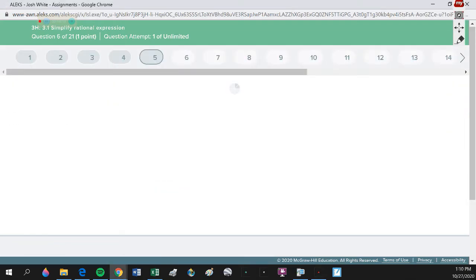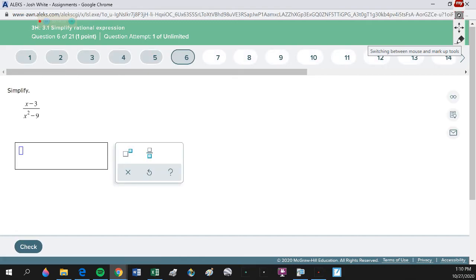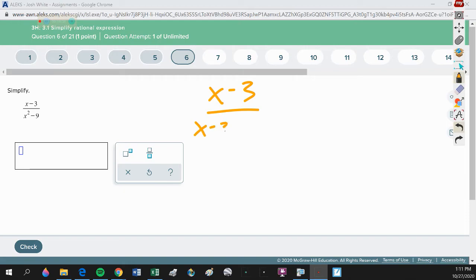Okay, number 6. So what do we do here? Well, let's factor the denominator. So I get x minus 3 over x minus 3 and x plus 3, because this is a difference of perfect squares and it factors into conjugates. Does anything cancel? Now, never, ever, ever are you allowed to do something like this. Okay?